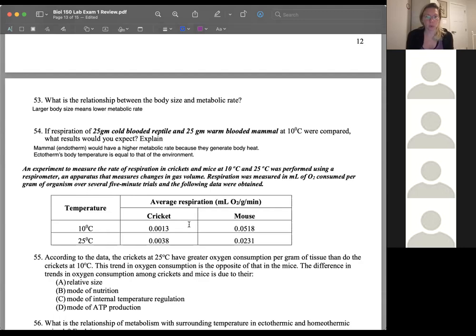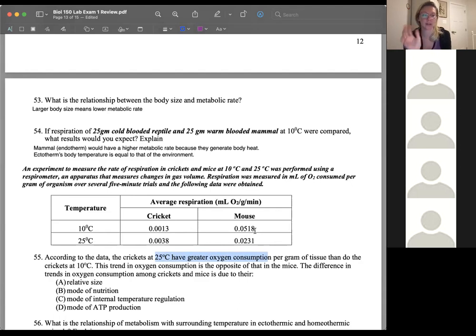And okay, so this is what we found, mL of oxygen per gram per minute for these two different rates. So according to this data, the crickets at 25 degrees Celsius have greater oxygen consumption per gram of tissue than the crickets do at 10 degrees. And we see the opposite trend in the mice.